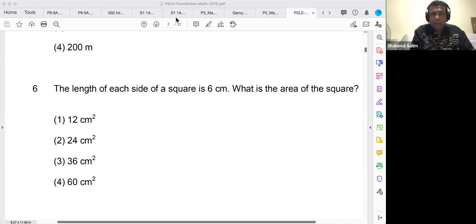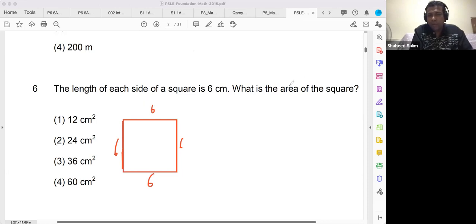They're asking you for area. You're finding perimeter lah. Perimeter means the outside: 6 plus 6 plus 6 plus 6 is 24. That's the outside. You don't want the outside. The formula for area is length times breadth. So try again.